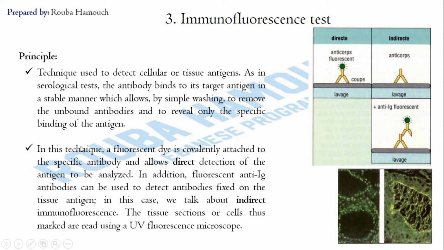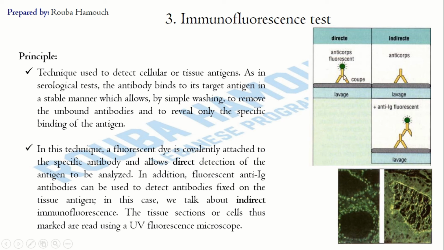In this technique, a fluorescent dye is attached to the specific antibody and allows direct detection of the antigen to be analyzed. So here we have the tissue that might contain the screened antigen.